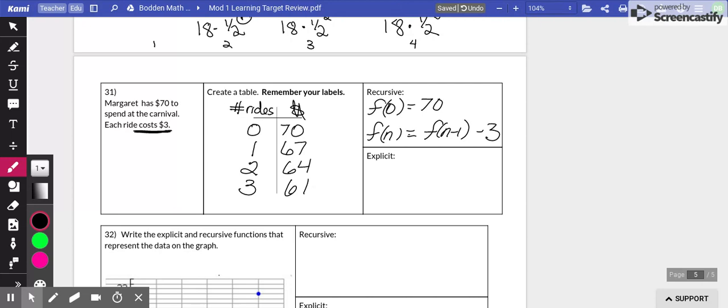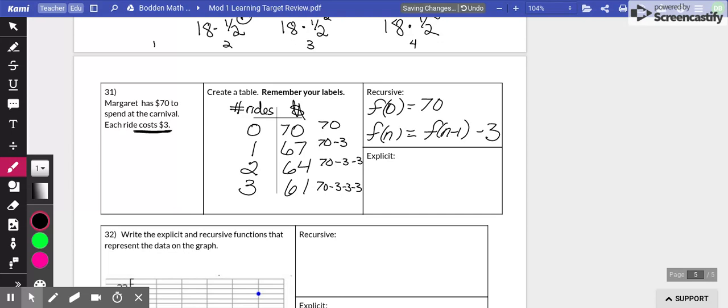Now, when we look at what this means with the explicit, we start with 70, then we do 70 minus 3, then we do 70 minus 3 minus 3, 70 minus 3 minus 3 minus 3.